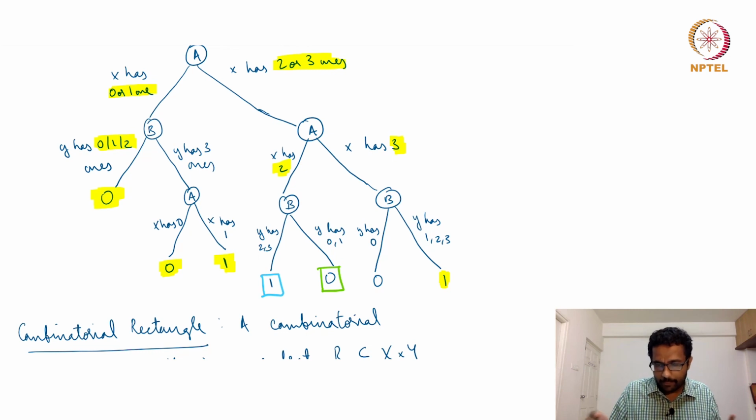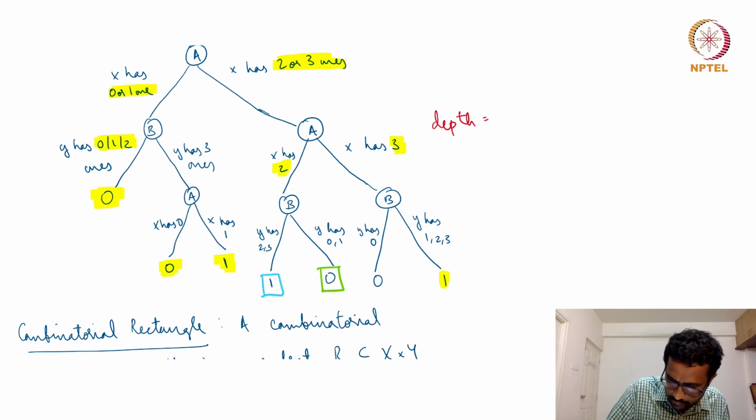So together they compute the function, and this tree has depth 3, right? So the deterministic communication complexity of this function is at most 3, less than or equal to 3. Well, there could be a better protocol to compute this function, but we do not know.